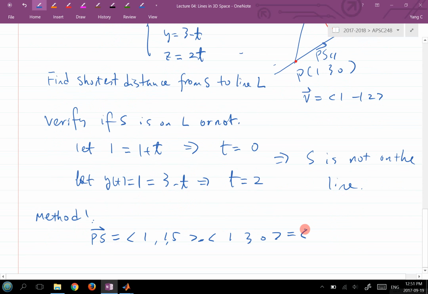Sorry, I should use brackets here. Properly rewriting it, that's 1 minus 1, and then 1 minus 3, and 5 minus 0. So we get (0, -2, 5). That's your PS vector here.